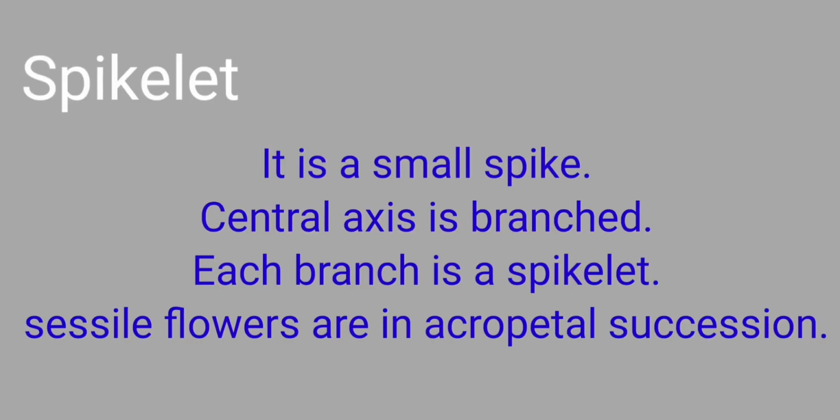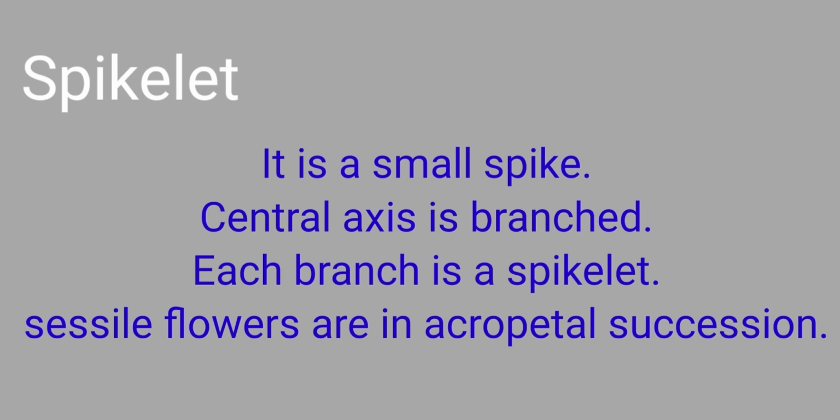Next one is the spikelet. It is literally known as small spike. The inflorescence with a branched central axis, each branch is called a spikelet. The spikelet contains sessile flowers in acropetal succession, that is older flowers at the bottom, younger flowers at the top region.